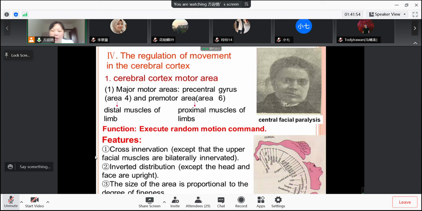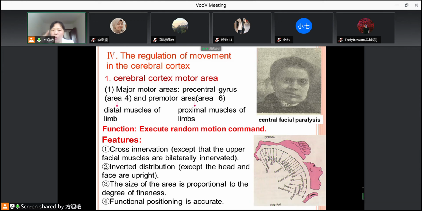So the left cerebral cortex motor neuron area controls or innervates the right limb muscles, and the right cortex innervates the left limb movement. So we call that cross innervation. Understand?